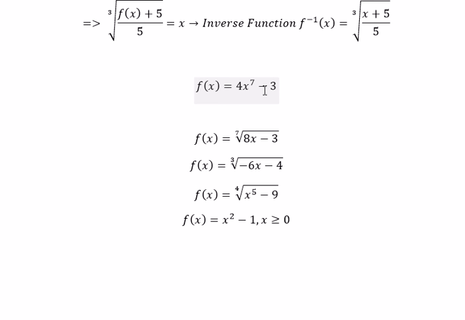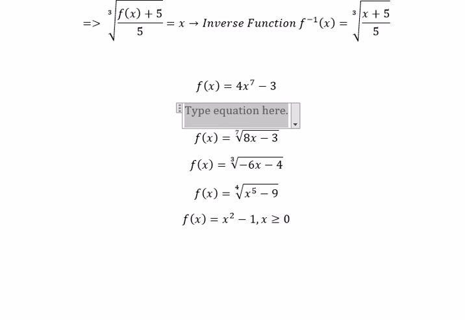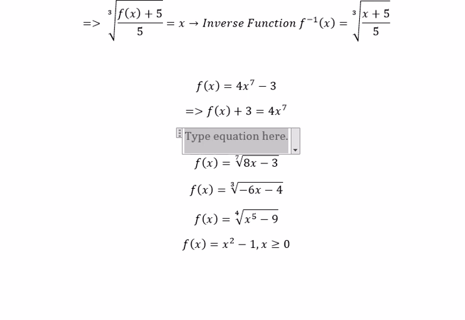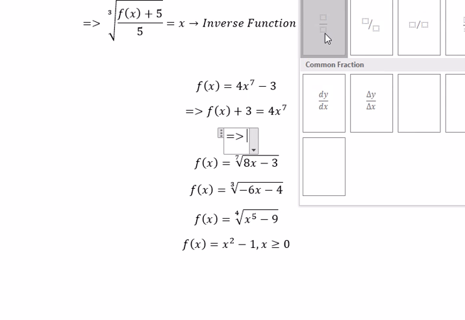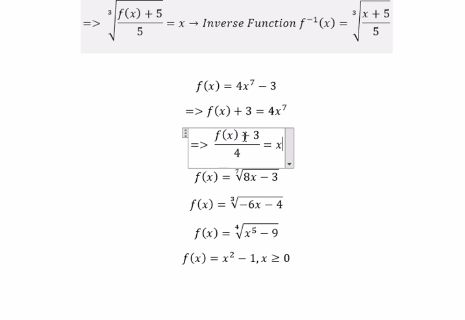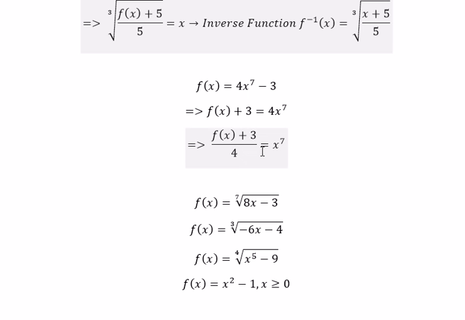We move negative number 3 on the left. Later, we divide both sides with number 4. Next, we put the root of number 7.